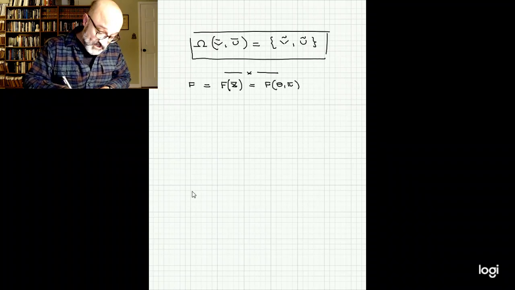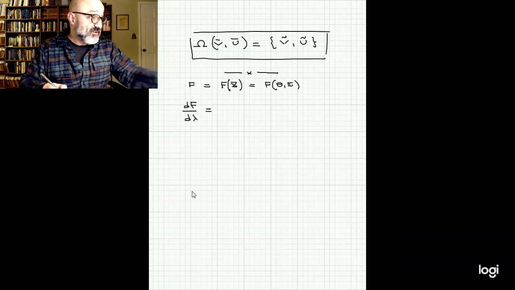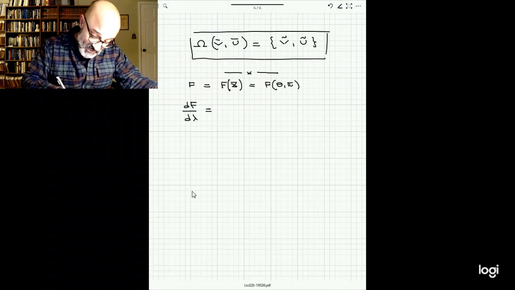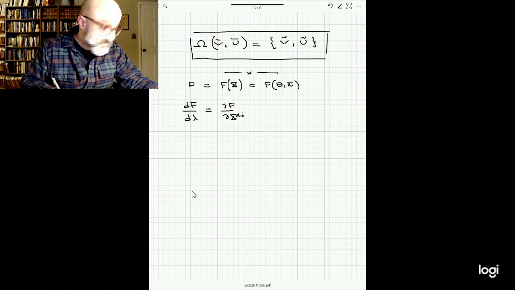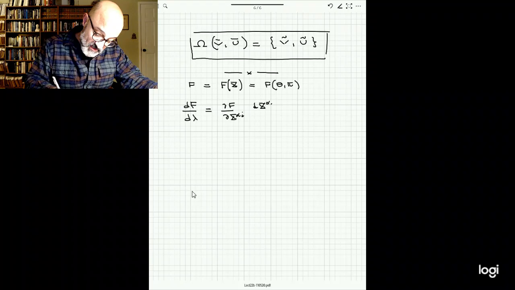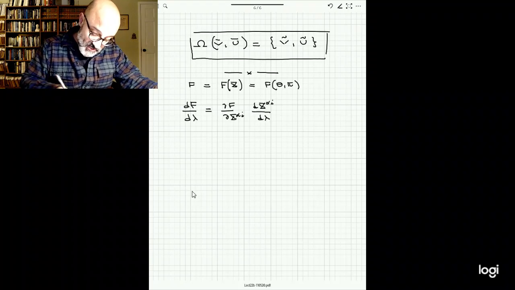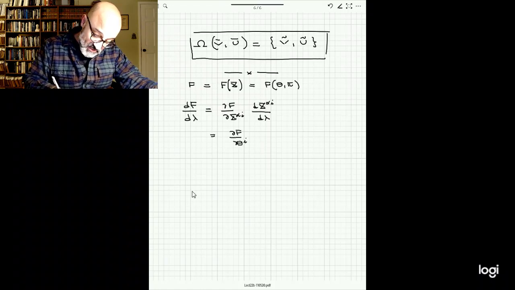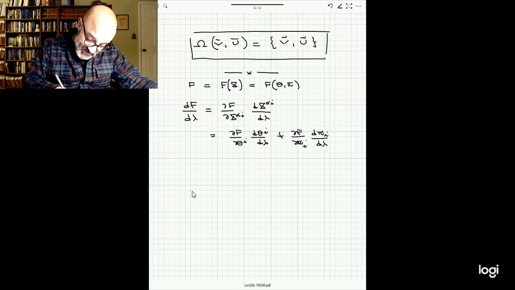When we figure out what the change of this function is along some curve, along a Hamiltonian field, this is going to be, just take the derivatives and then take the components of the vectors. These are just directional derivatives. And here we write this as df d theta, d theta d lambda, plus df d pi, d pi d lambda.